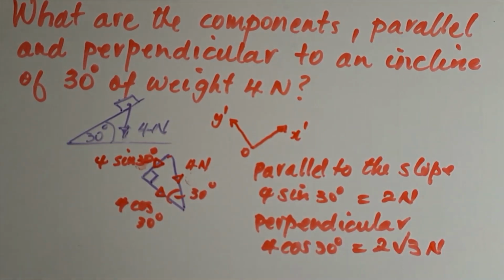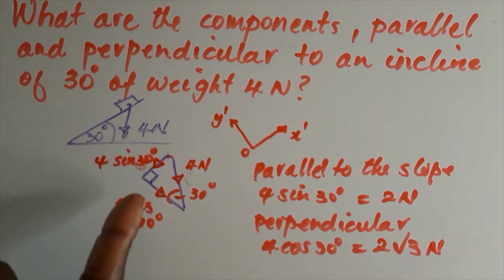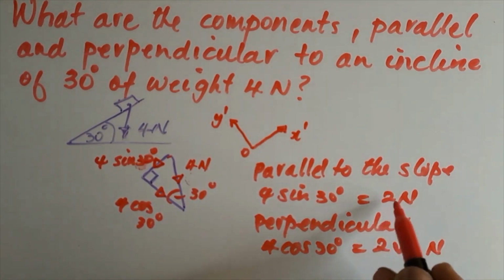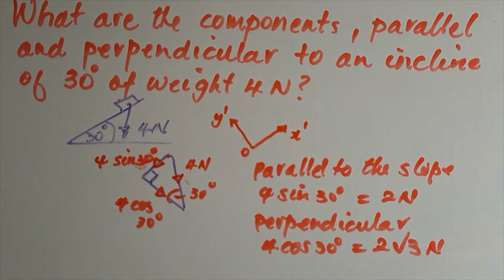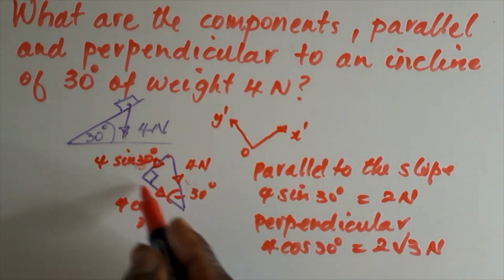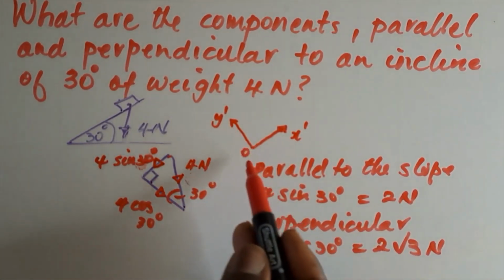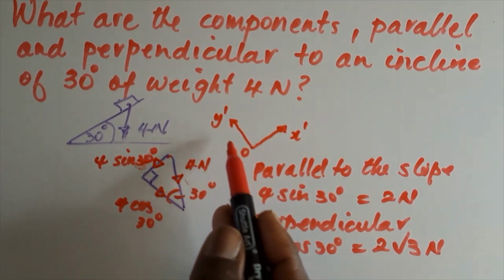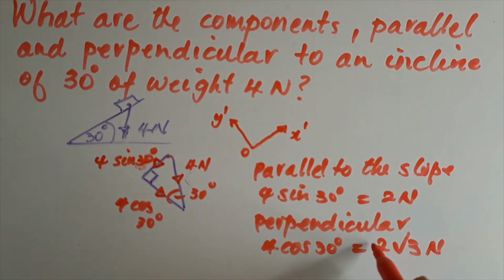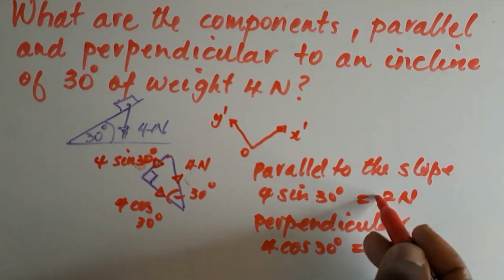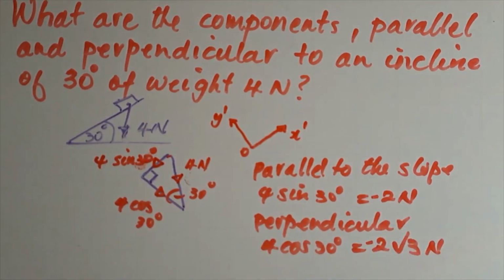So parallel to the slope, that will be pointing in the opposite direction. So this will be a negative value, and perpendicular to the slope is also negative because it's going in the opposite direction to y dash. So if we want to be more precise, we can actually make both of these negative.